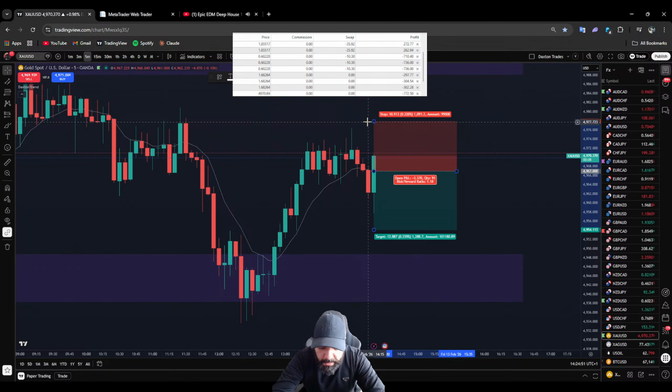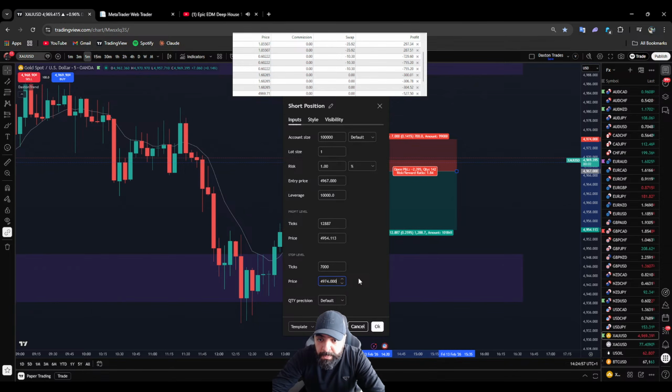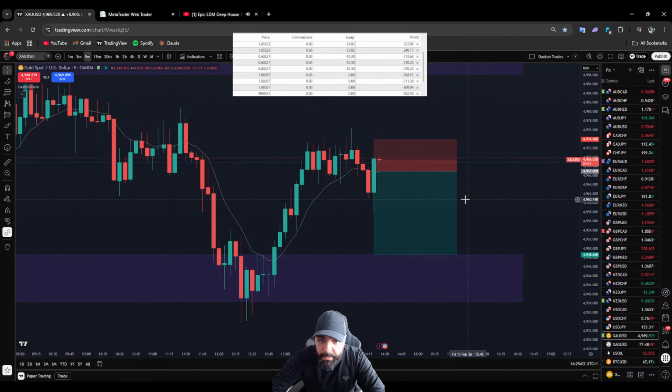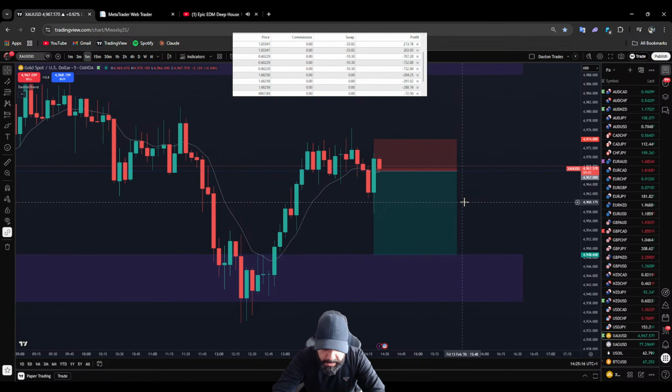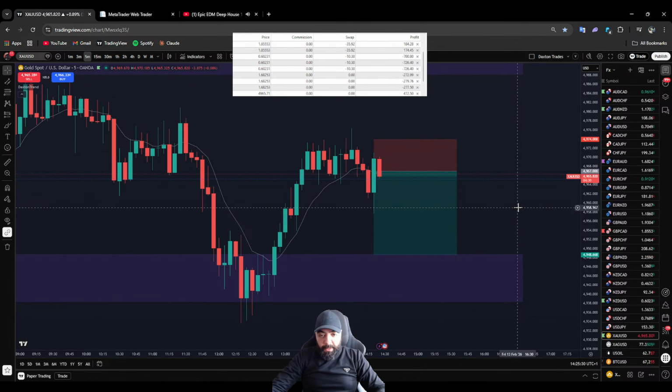So this is 70 pips stop loss. So let's see. The TP1 will be at 62, the TP2 will be at 57, and TP3 I will leave it open. So this is how my trade looks.